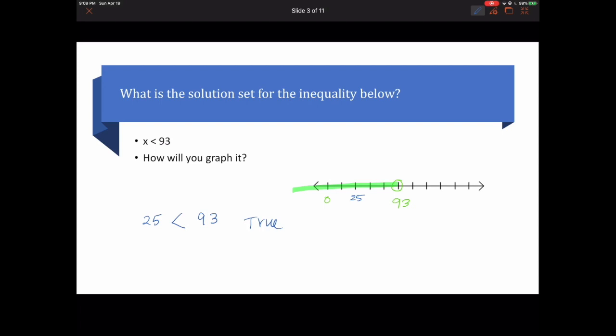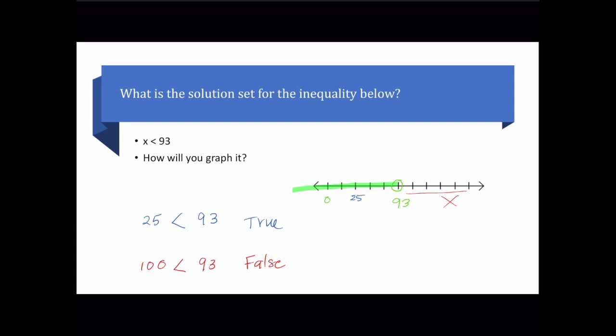If I substitute, in a different color, let's say 100, 100 is less than 93, and now this is false. So any number on this side will not be part of the solution set, because we have identified that x is less than 93.